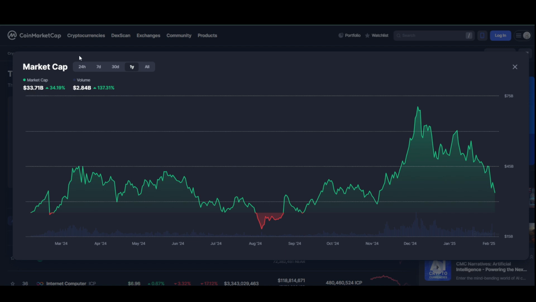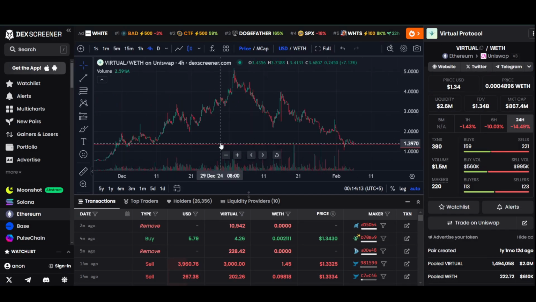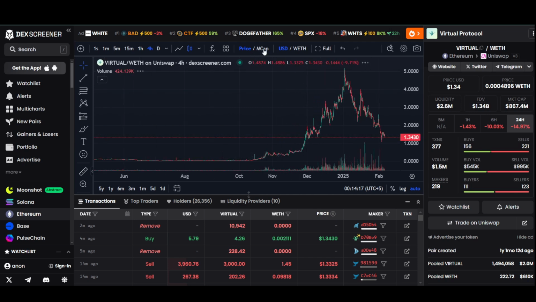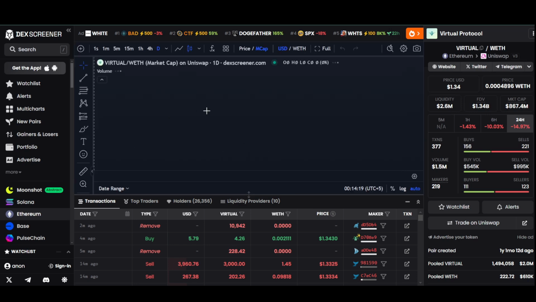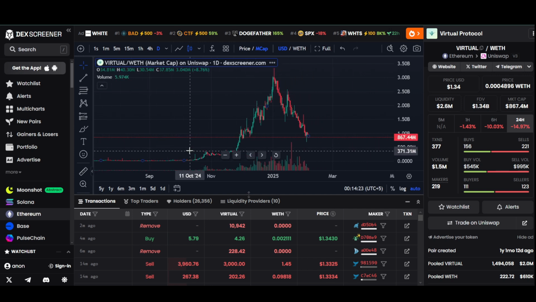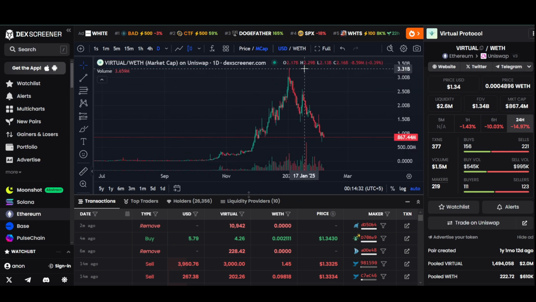Coming to Virtuals itself, again Virtuals has a pretty good demand driver, but if you look at its market cap, this is the market cap graph, as you can see here. In October 2024, the market cap was around 41 million, or even 40 million, or even 30 million. It went as high as 3.31 billion, of course.